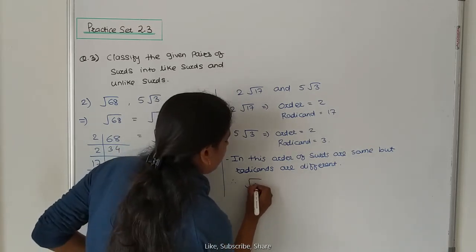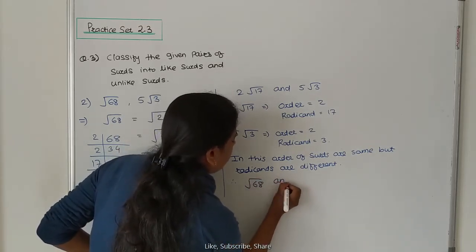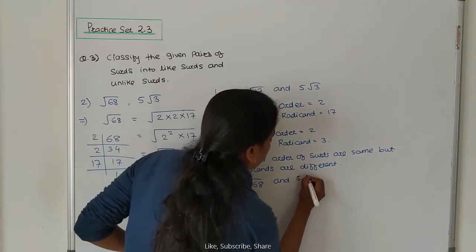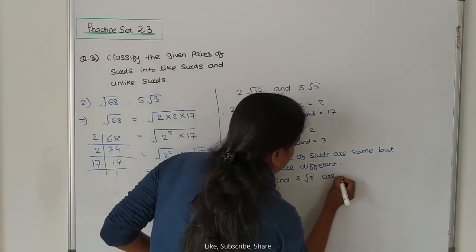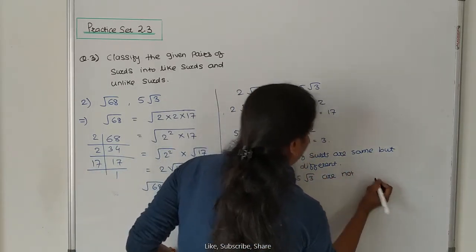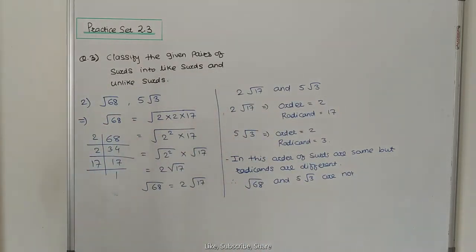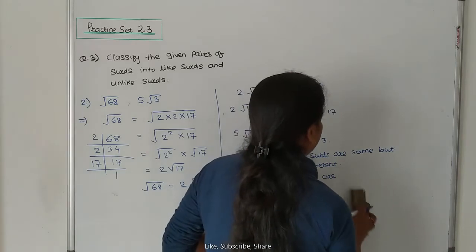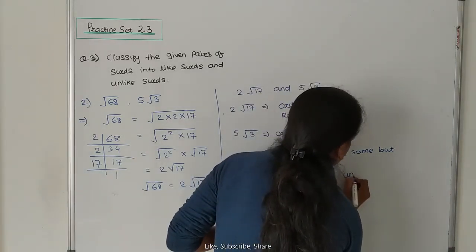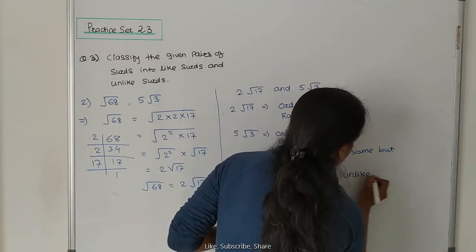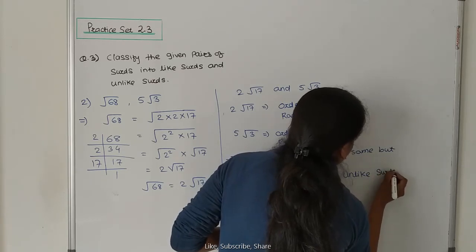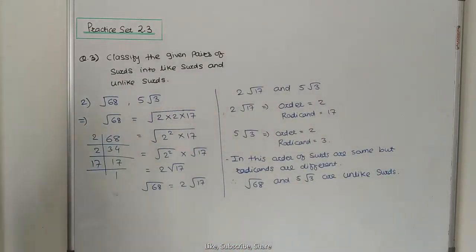Root 68 and 5 root 3 are unlike surds. Okay. So if you want to write this, take the screenshot of it. Now we have to solve the next question.